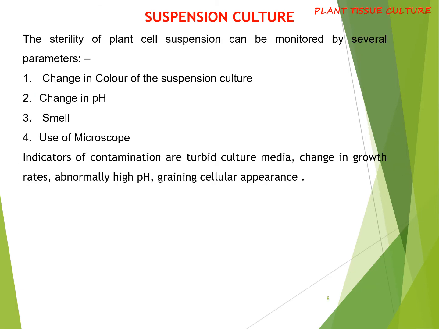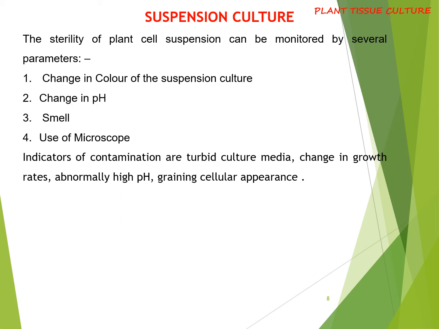The suspension culture should be checked regularly for contamination. The indicators of contamination of suspension culture are change in color of the media, turbidity in the media, change in pH, change in the granular cellular appearance of the suspension culture, and the smell.